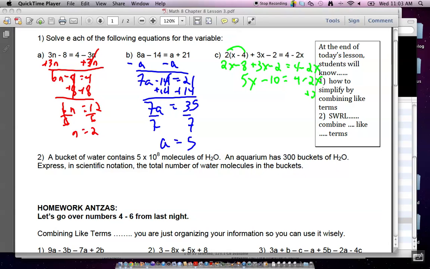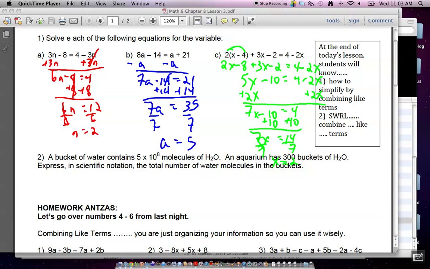Next, I'm going to add 2x to both sides because I've gotten to the point where it's opposite side. So I get 7x minus 10 equals 4 plus 10. 7x equals 14. Divide by 7. X equals 2. Okay. Any question about that?